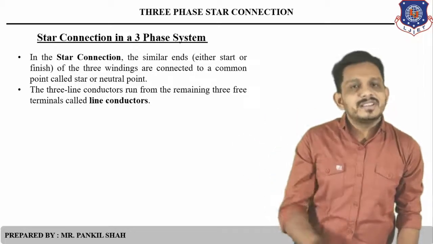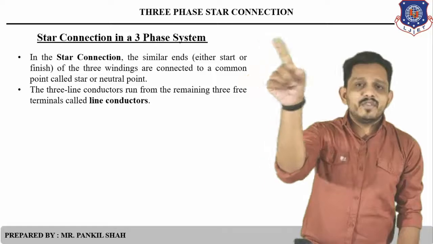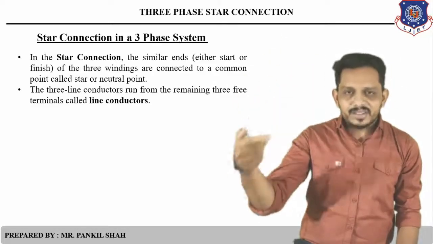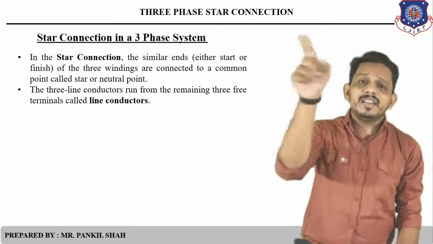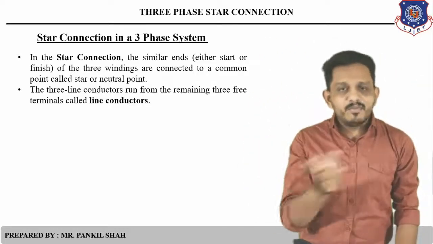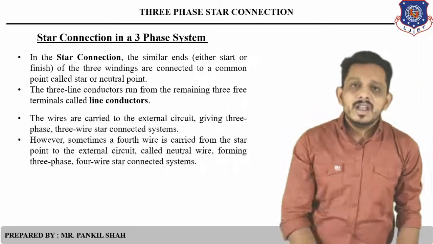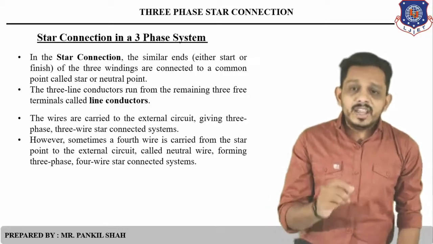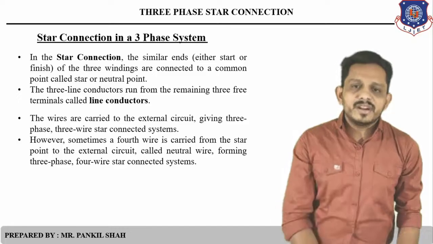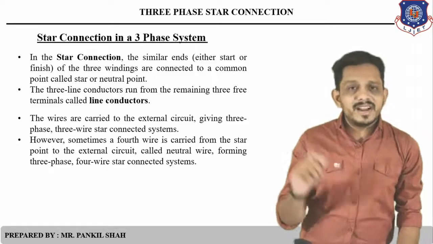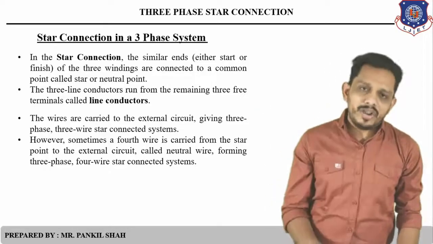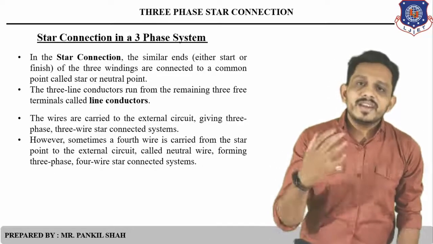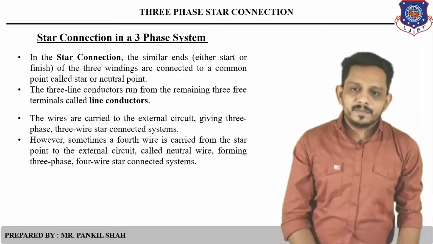So for coil 1, one terminal is connected at the neutral point and the other terminal works as a line terminal. The same goes for the second and the third coil. The wires are carried to the external circuit, giving a three-phase, three-wire system. If three wires are taken out from those three coils, then this system is known as the three-phase, three-wire star-connected system.